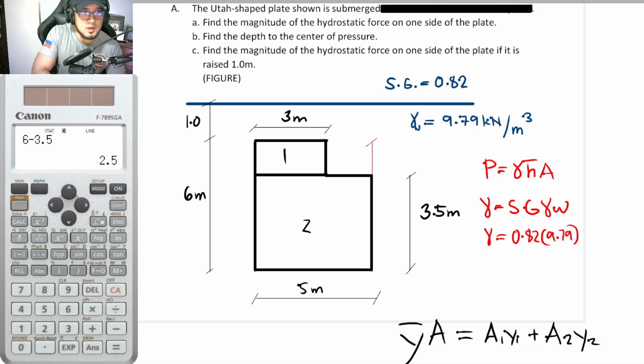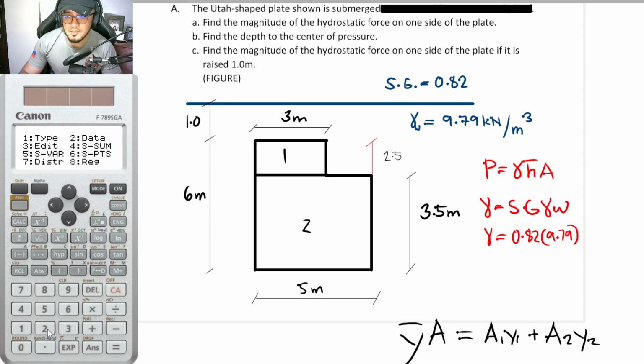Let me write that here. So for that particular area, that is 3 meters times 2.5, or 7.5. That is for area number 1.